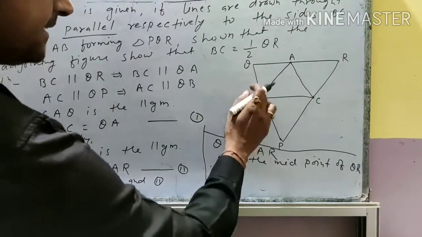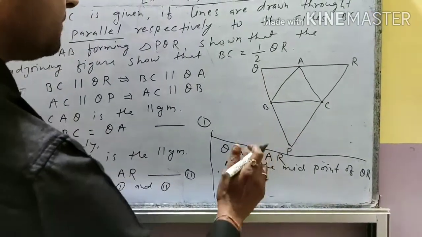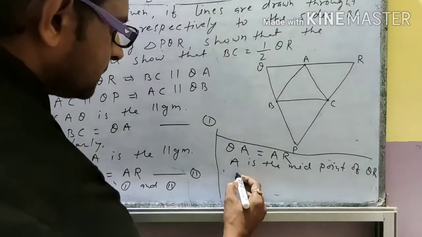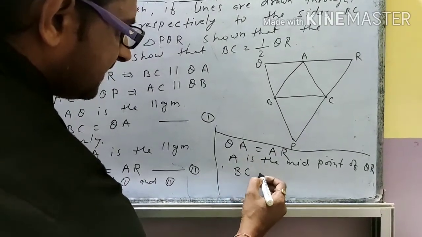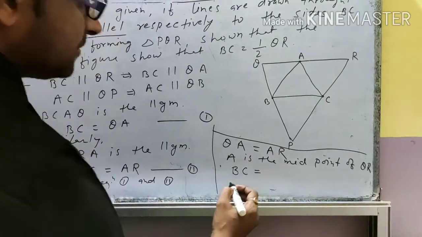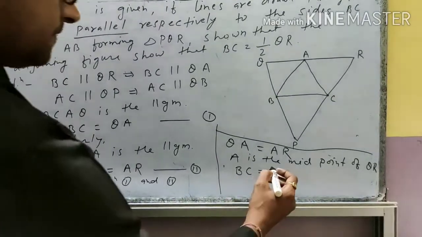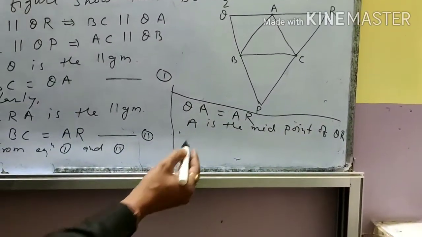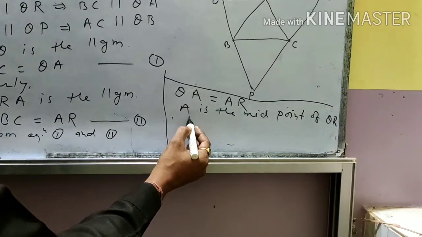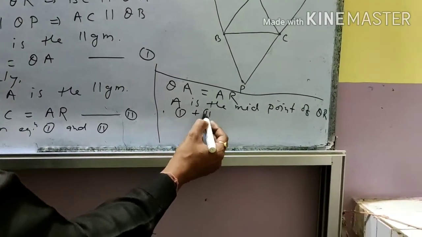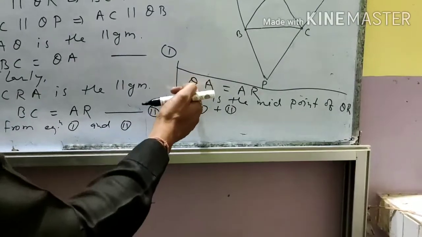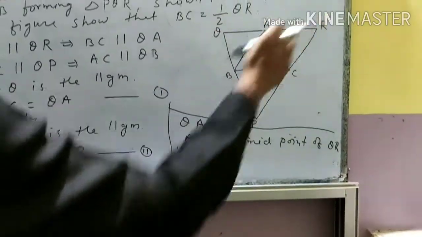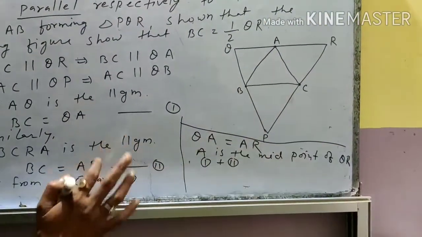Okay, student. So from equation 1 and 2, A is the midpoint of QR. So here write down A is the midpoint of QR.